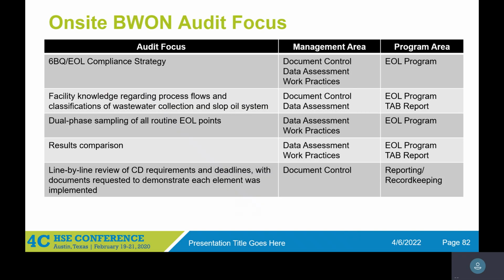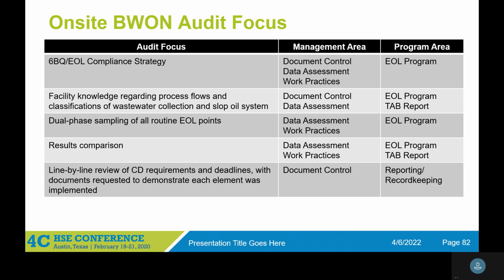So the focus that they do is they look typically at the 6BQ or 2BQ and end of line. They'll make sure that you have documented correctly your waste management units, and that you are doing the inspection and monitoring. They will do dual phase sampling of all end-of-line points, water and oil.